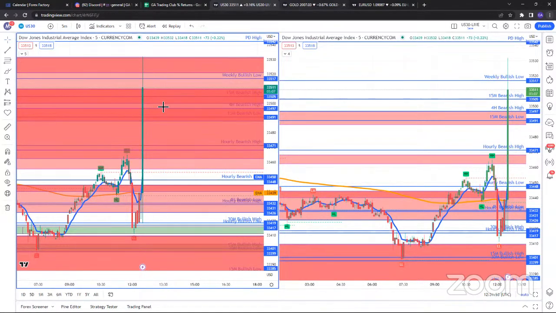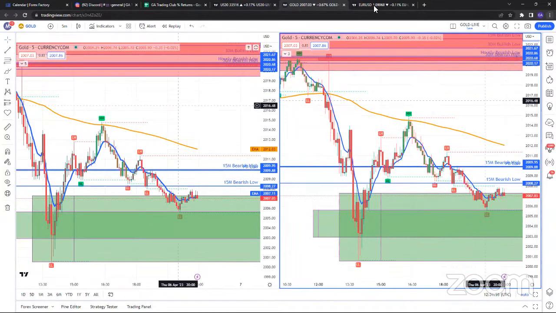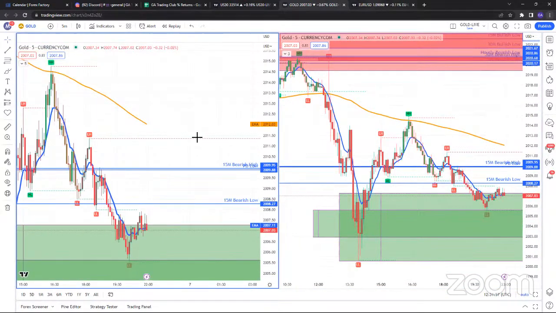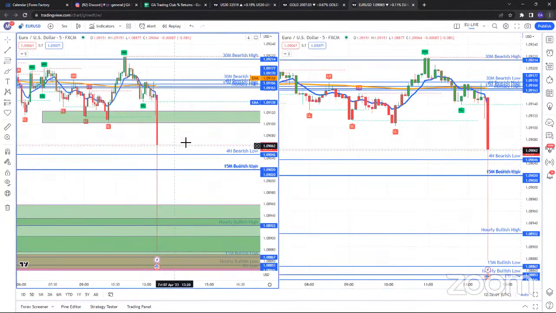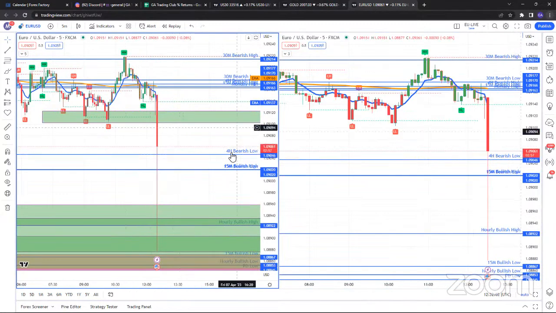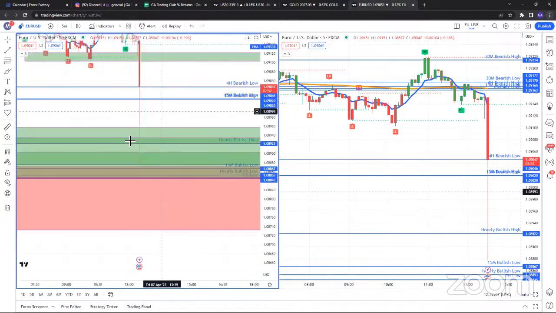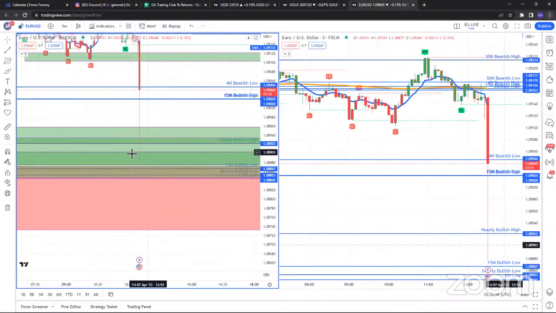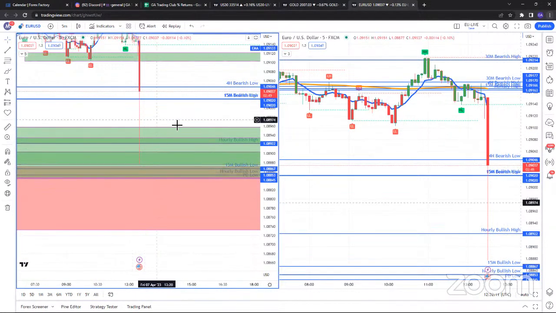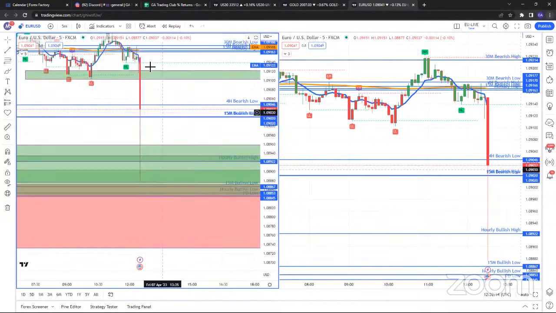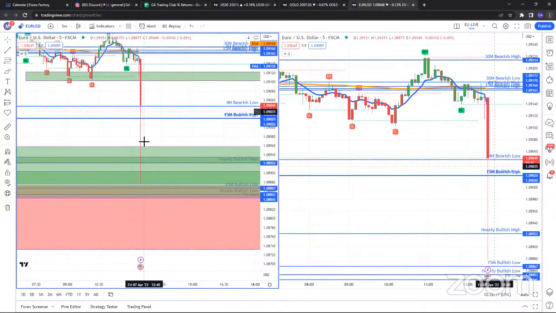Looks like my gold chart is frozen on here. So same thing as EU, right? EU is doing the opposite of what US 30 is doing. And you can see EU as well came down here, picked up liquidity in this demand zone and shot all the way up. So ideally the same thing for EU. If this closes as a bearish candle, I would look for the next candle to be bullish.